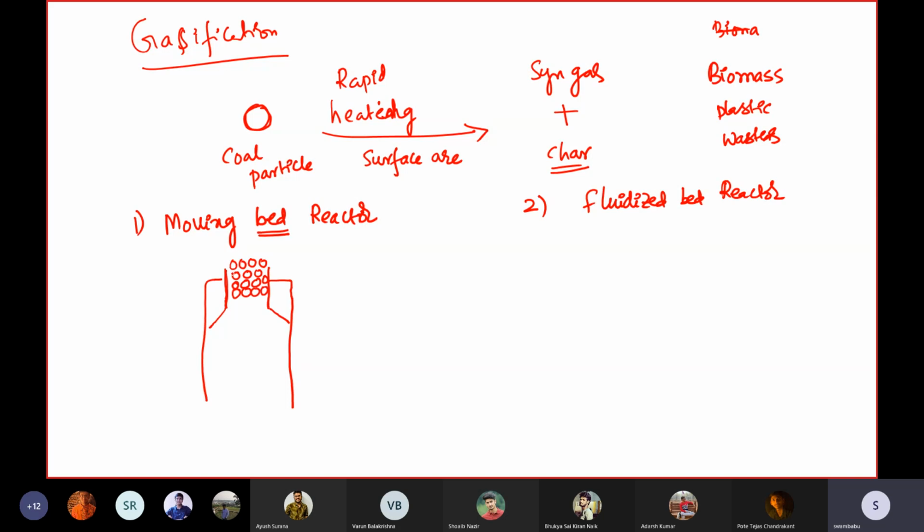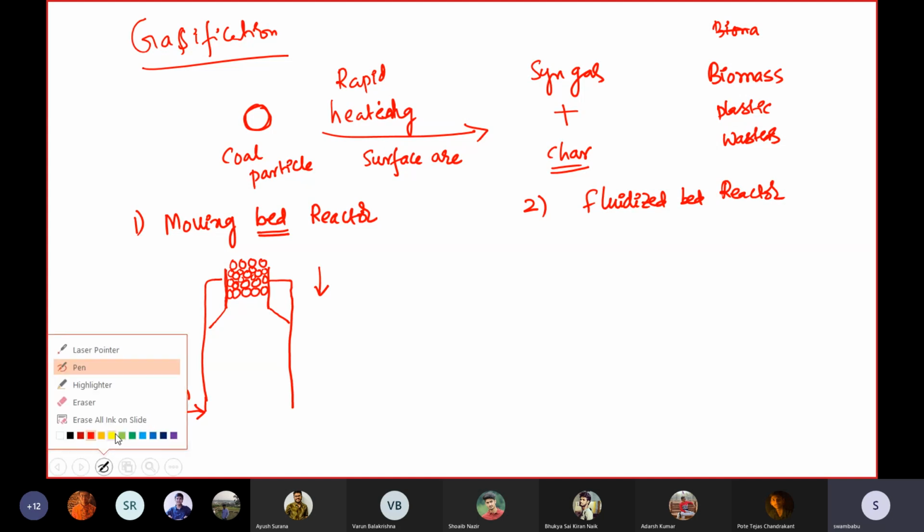Bed means a bunch of particles just flowing down, like we have seen in a packed bed. The bed tends to move downwards. From the bottom, steam and air will be introduced.